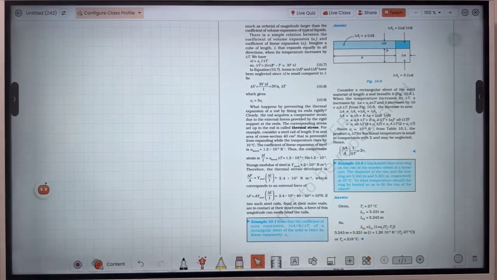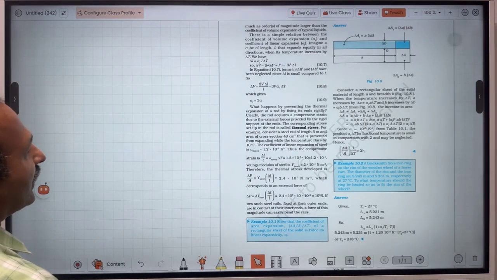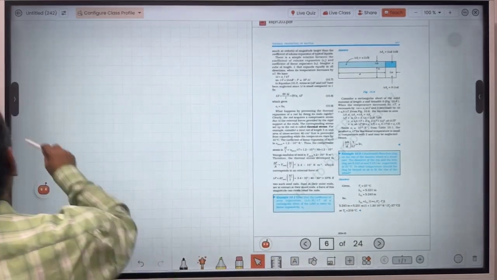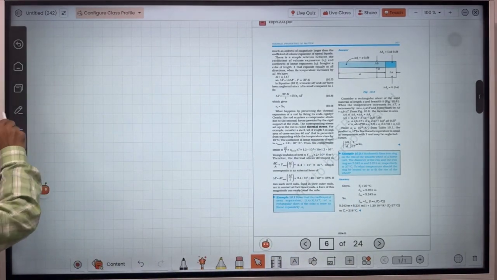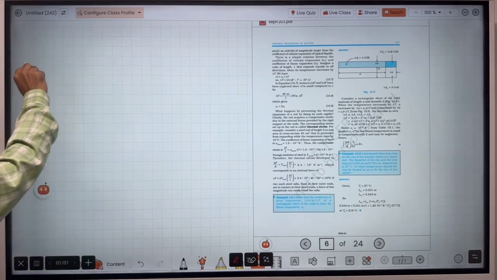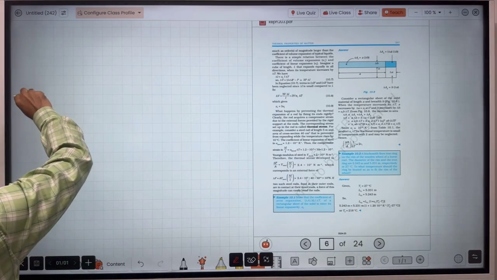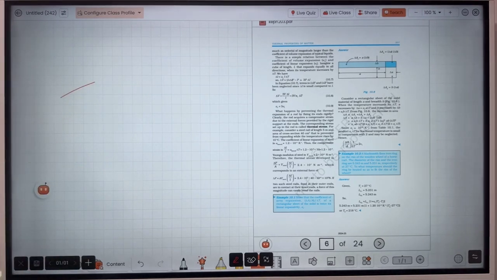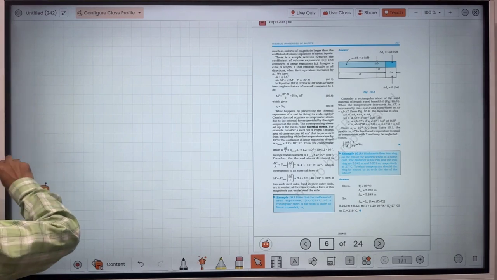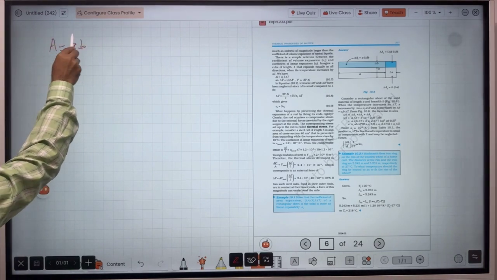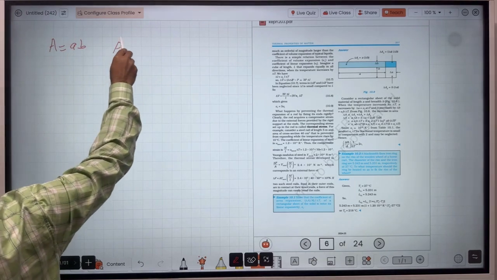So let's do a simple calculation to make it clear. We can start with the original area and the new area and find the difference. The relation you will keep in mind is the same as the previous one. So the original area, say A, is A into B. The new area is say A dash.